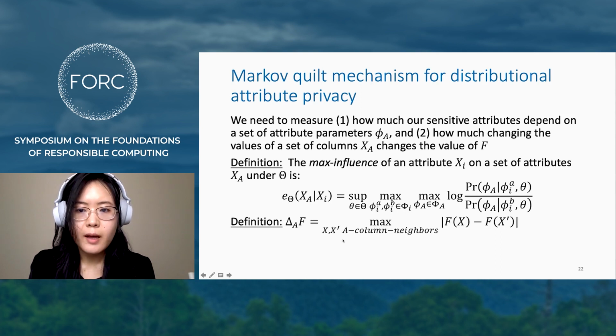The sensitivity of f with respect to a set of attributes A, denoted delta_A f, is defined as the maximum change in the value of f caused by changing all columns X_A. We say the two databases X and X prime are A-column neighbors if they are identical except for the columns corresponding to the attributes A, which may be arbitrarily different.